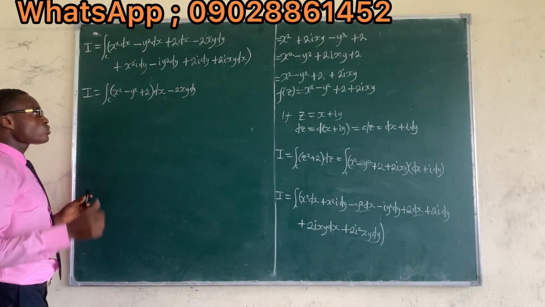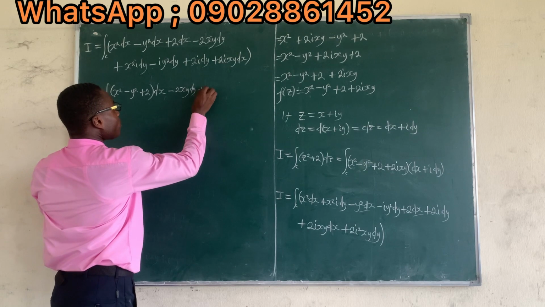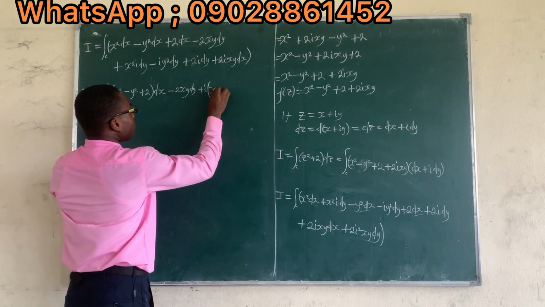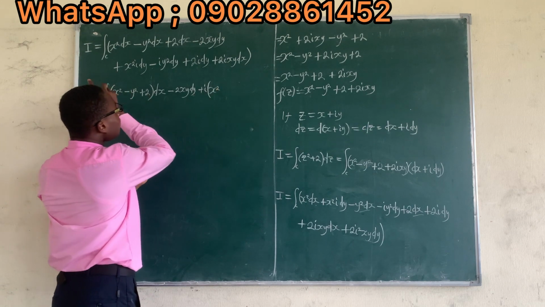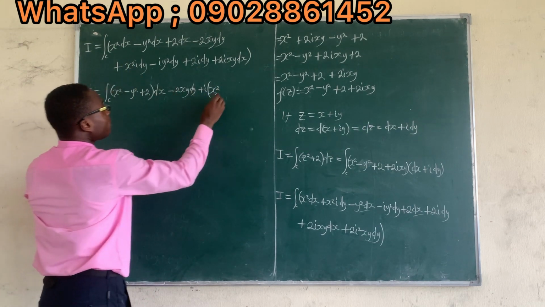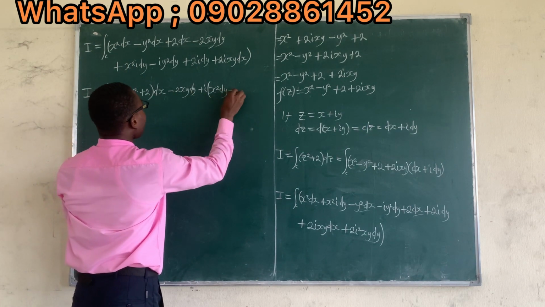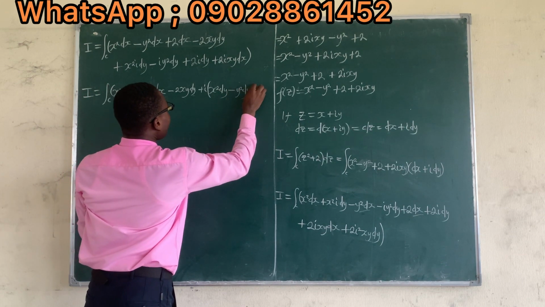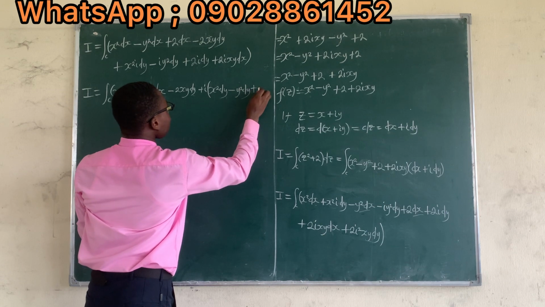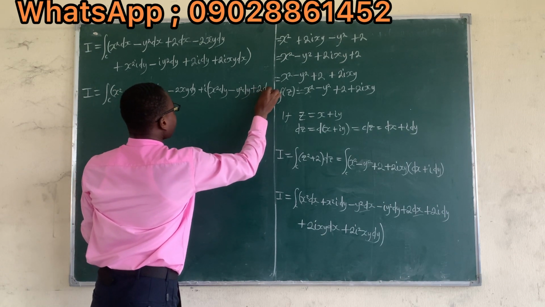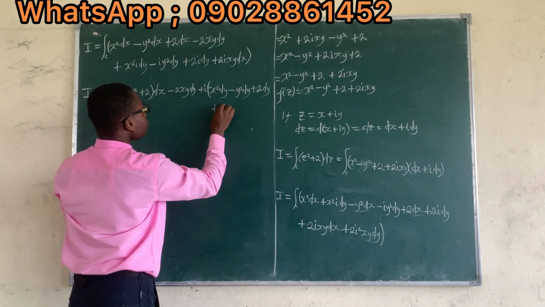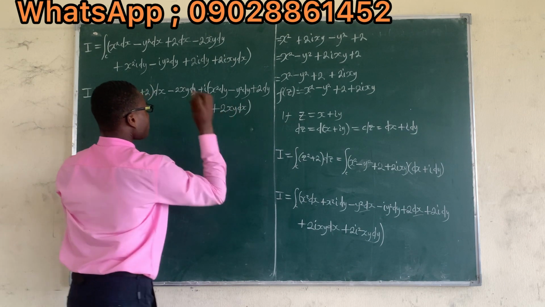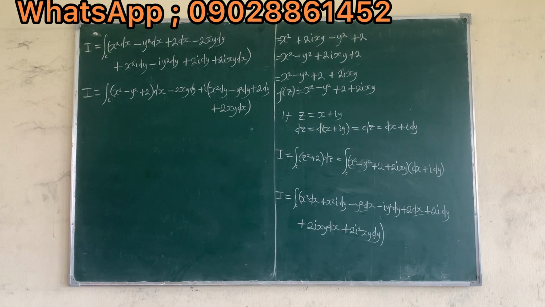So we can also factor out i, into x squared dy minus y squared dy plus 2 dy plus 2xy dx. So this is what we have.